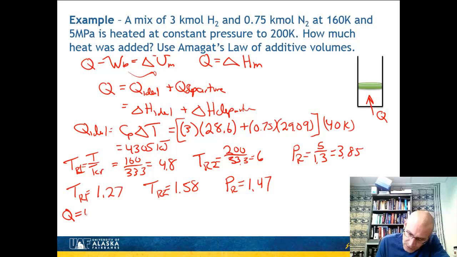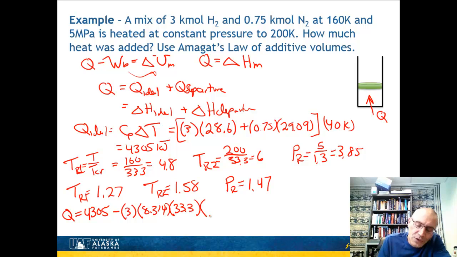First, I've got my ideal term, which is 43.05. And now I'm going to add the departure term, and the way it's written is with the minus sign. So it's going to be minus the number of moles, which would be 3. Since I'm doing this in moles, I can use 8.314, which is the ideal gas constant, times the critical temperature, and this is hydrogen, so it's 33.3.